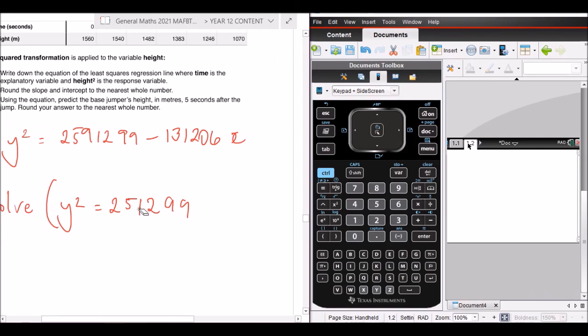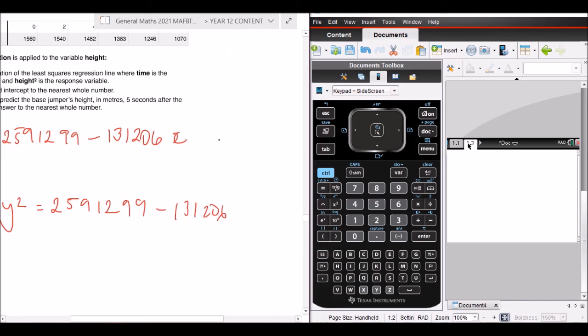Actually, I skipped a number, sorry, 259,1299. Don't skip any numbers. Take away 131,206 times 5 seconds, because we're looking at it for 5 seconds, comma, Y.